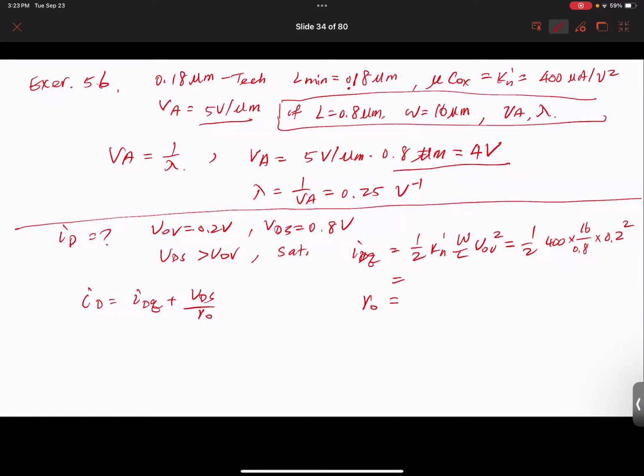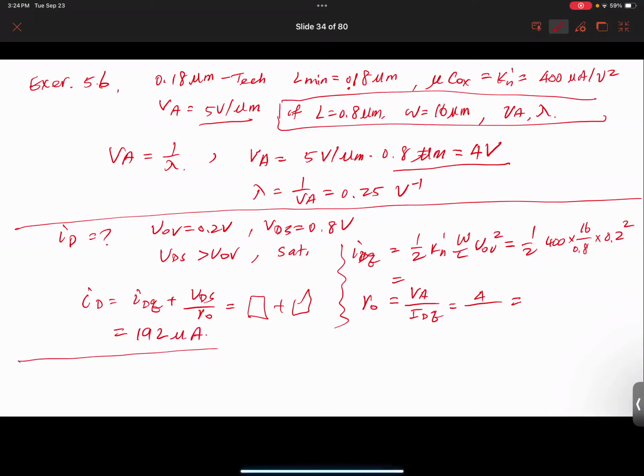So RO is going to be VA over IDQ. And VA we already found is 4 volts divided by IDQ, which is some value. So we can plug in this number to get this value plus this value. And the final solution is going to be 192.